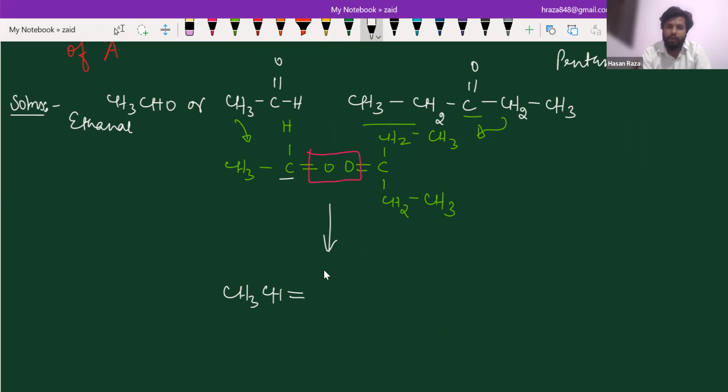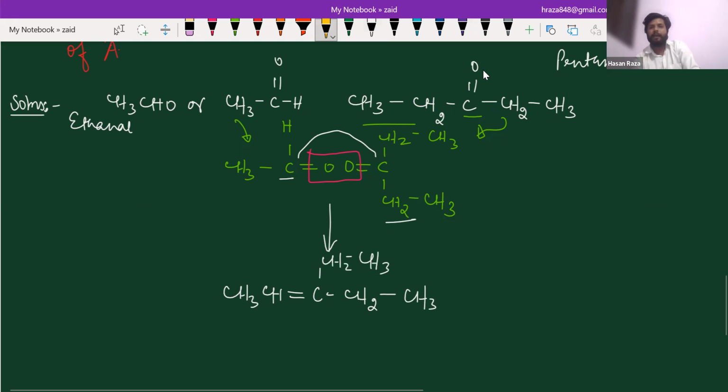Just remove this O2 and it will be directly connected with this carbon, and then this C is connected with CH2CH3, and this carbon is also associated with CH2CH3. So this is the alkene that we did ozonolysis of, and we got pentan-3-one as well as ethanal.